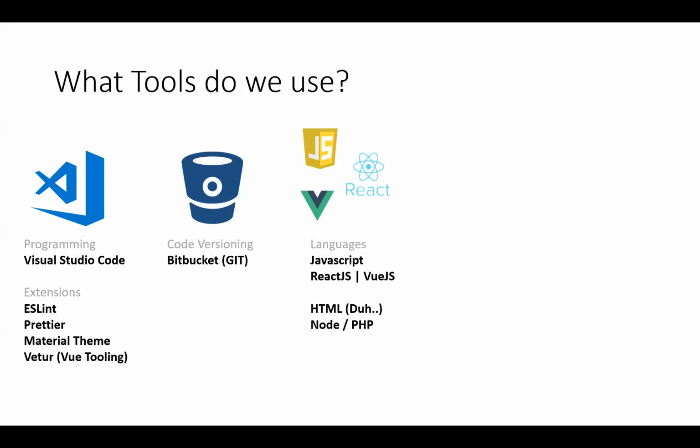Andre also talked about it already, and we are also working with React.js right now. We started working with Vue.js, and we are merging to React right now because of the Tableau UI package. And for the backend, we are using a lot of Node and PHP to do all kinds of server rendering.